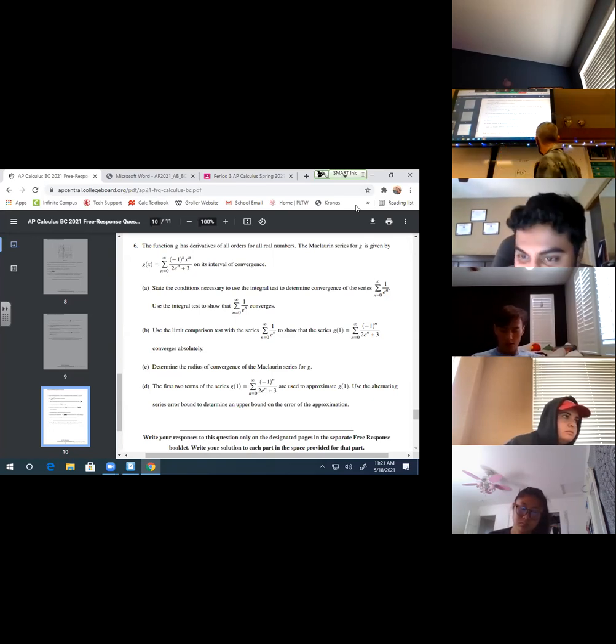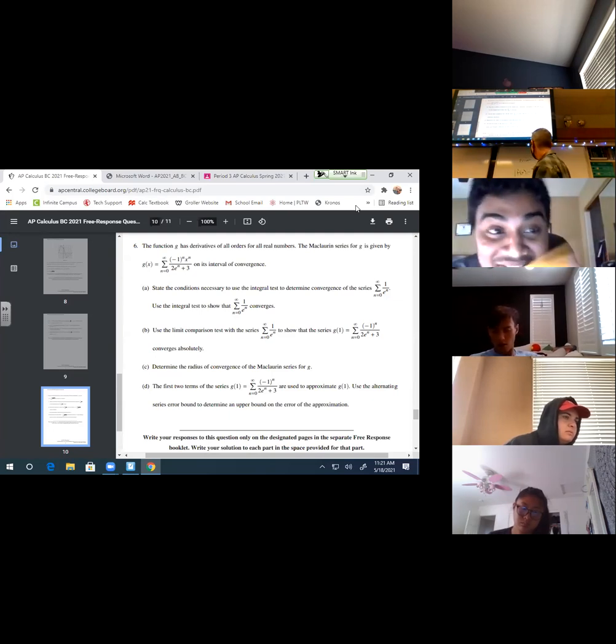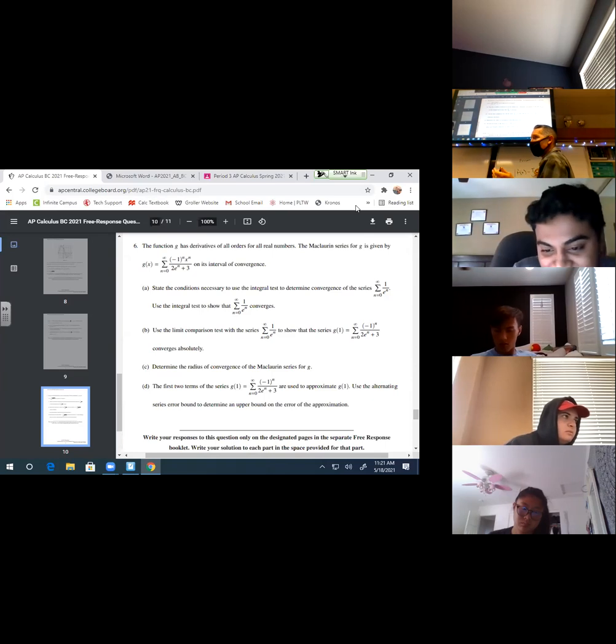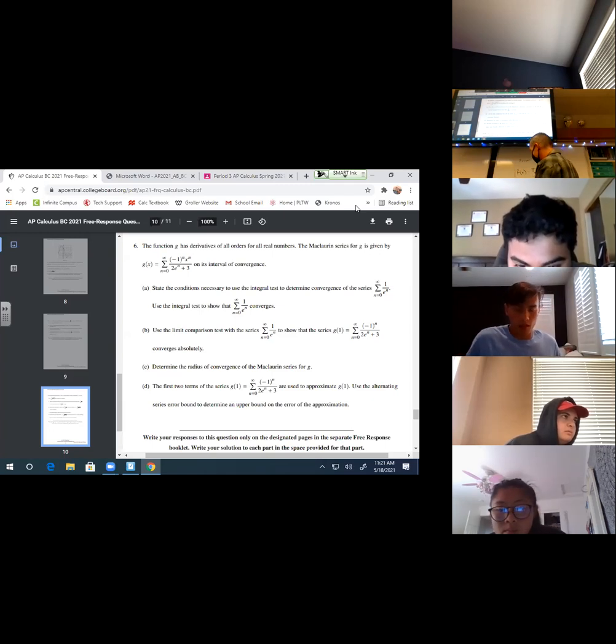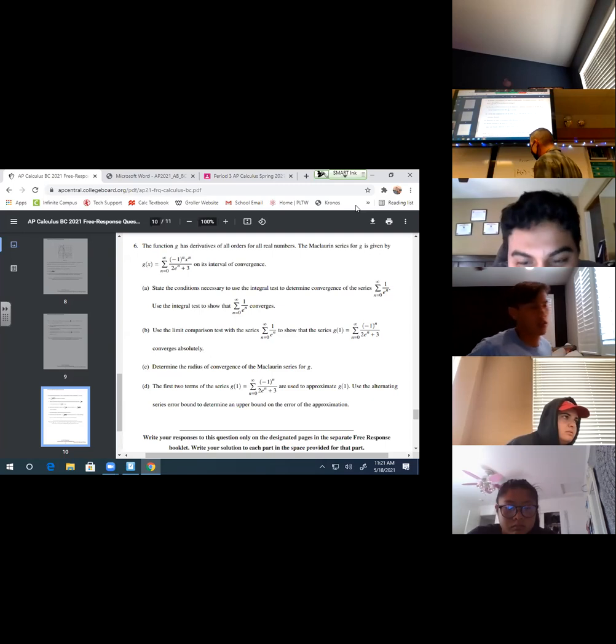G of 1 is a Maclaurin series, so we say T sub n. Now, I don't know what this n value is, because depending on which terms are 0, this might be T sub 2 of x, it might be T sub 1 of x, it might be T sub 3 of x. Whatever that is, the error is bounded by the next term.